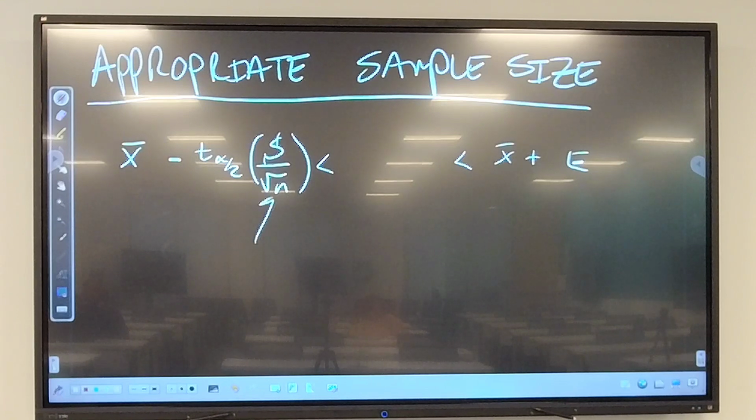The thing is that our sample size is right down here. So you can solve this thing for the sample size, but it has to be in relation to something over here. So this is our margin of error, right? We're taking x bar plus or minus that. That's my margin of error.